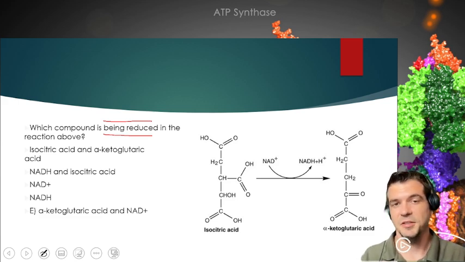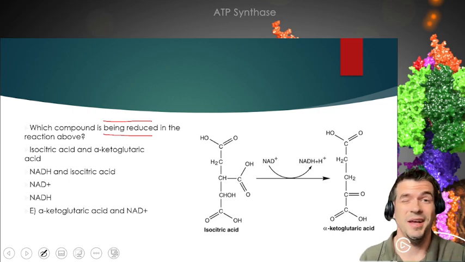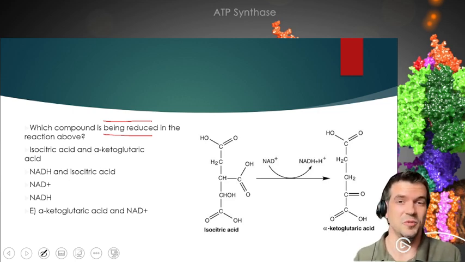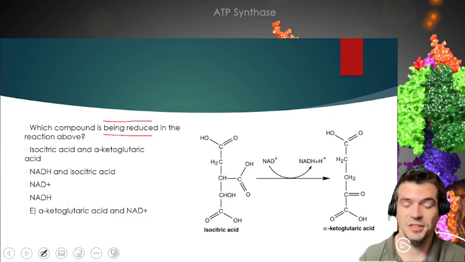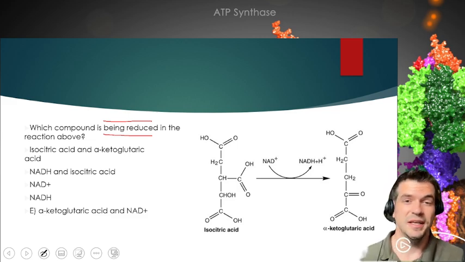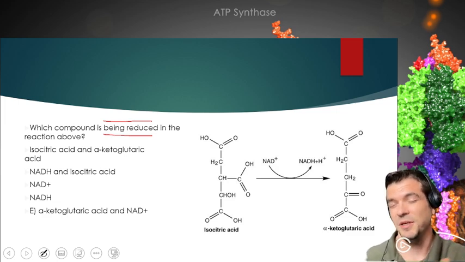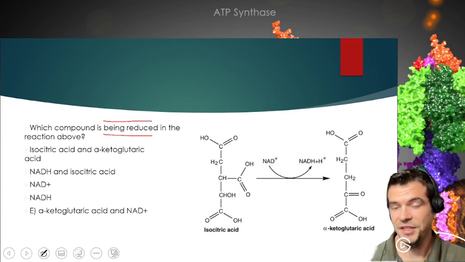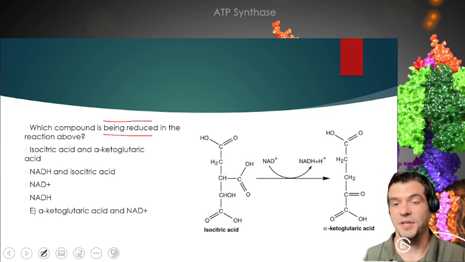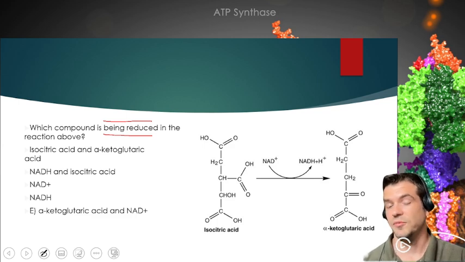And it's not meant to be, it's just how can we ask it and it still mean the same thing. Sometimes you're asking it and you don't know. Okay, what's 6 plus 7 or what's 7 plus 6? It'll be the same answer, but it's a different question, and sometimes it comes up differently in conversation. So, in this regard, which compound is being reduced in the reaction above?